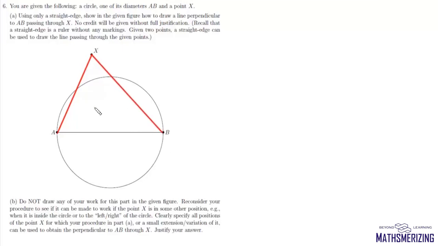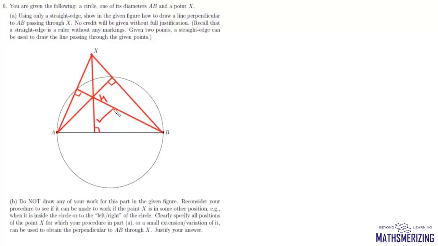Then we know that this is 90 because this is angle in a semicircle, and the same way this angle is also 90 degrees. So this point, it is orthocenter of this triangle ABX, and if we join H with X, this is the perpendicular that we need. So that's your part A.